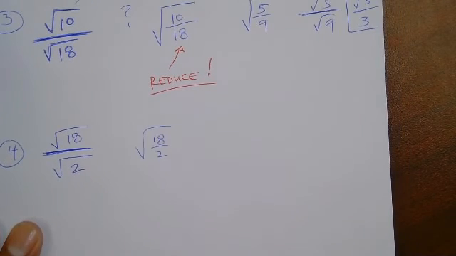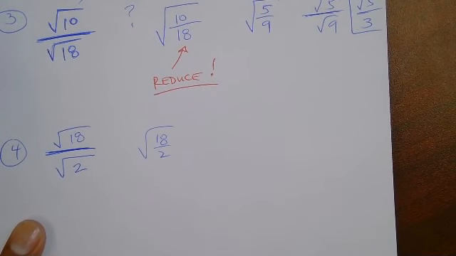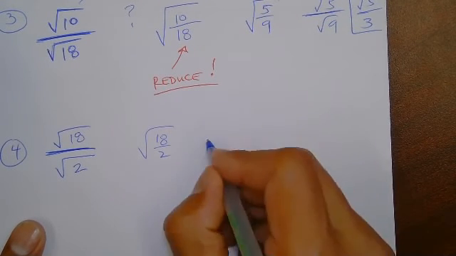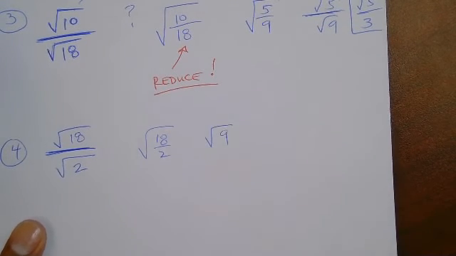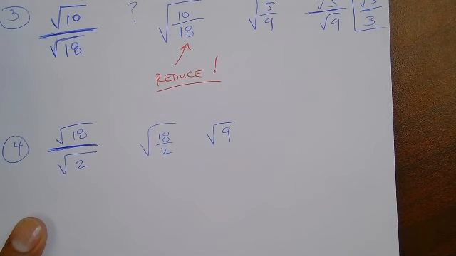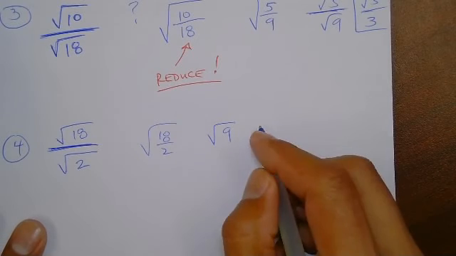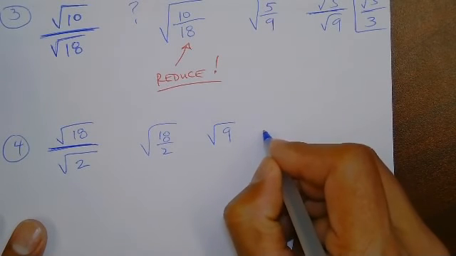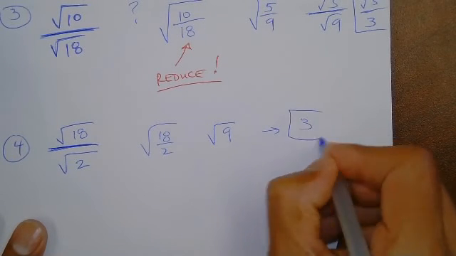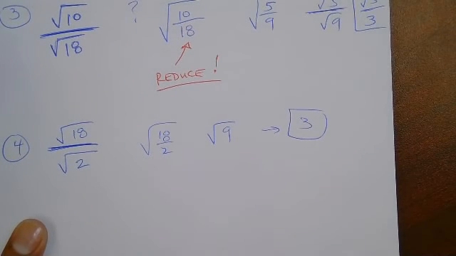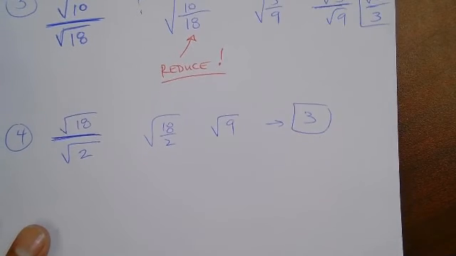But if I look at them and try to reduce, what's 18 divided by 2? Just 9, right? And doesn't 9 have a root? 9 is a perfect square. What's the answer for this one? 3, right? It's just 3.